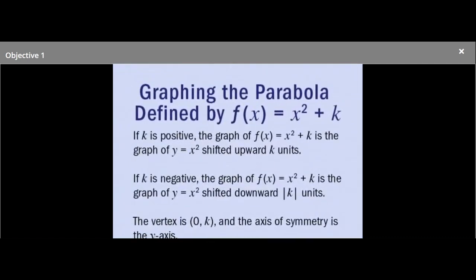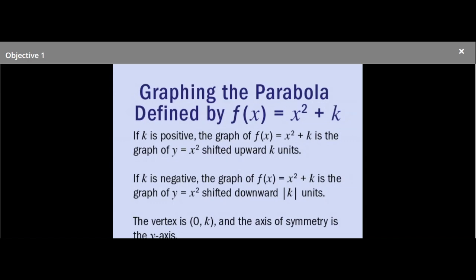Graphing the parabola defined by f of x equals x squared plus k. If k is positive, the graph of f of x equals x squared plus k is the graph of y equals x squared shifted upward k units.